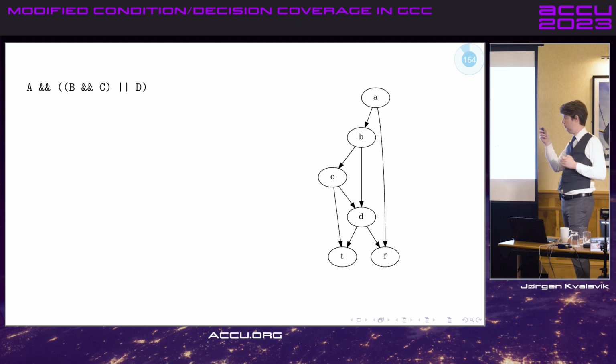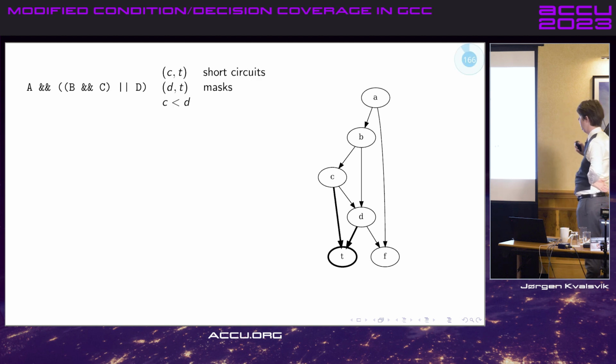So let's just do it because it's easier, and we have very little time. Okay, so we're taking the true outcome, the then outcome, and we're looking at its predecessors. And you can see that C is the lower node, or higher up node, if you will. So it is the short-circuiting one, and taking D to T will mask something. Okay.